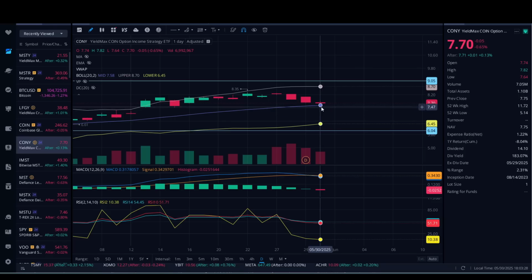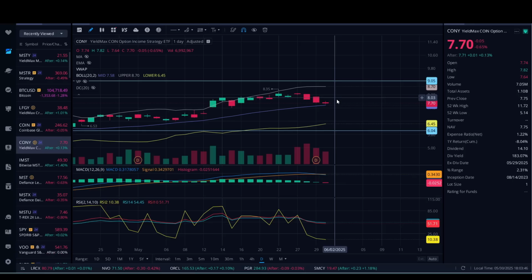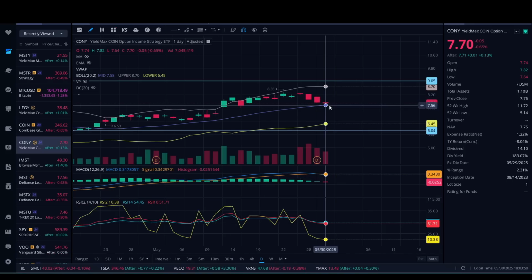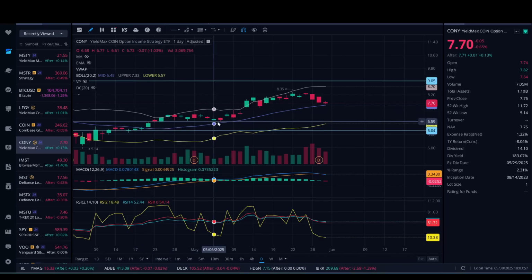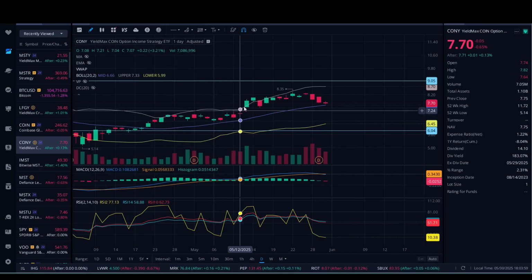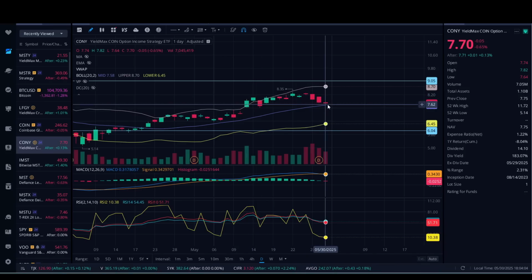Now, I'd prefer it to be down on the bottom end of this Bollinger Band, but the reason I got them at this price is that if you look back over the last month or so, it keeps getting close to the midpoint of that Bollinger Band and bouncing off of it, right? It goes up, comes down, gets to the mid of that Bollinger Band, and I didn't want to miss getting a few shares to help bring down my average on CONY.